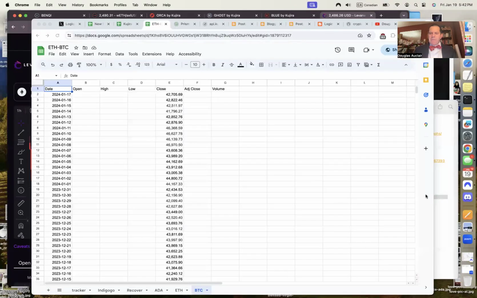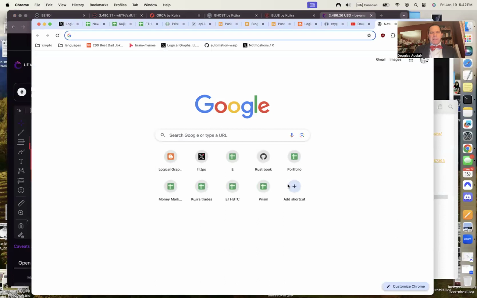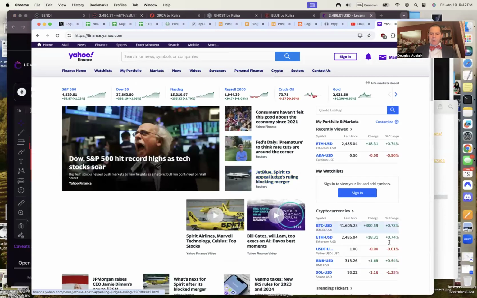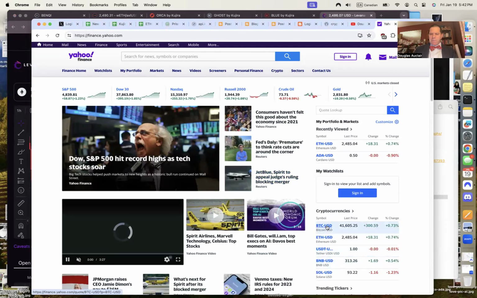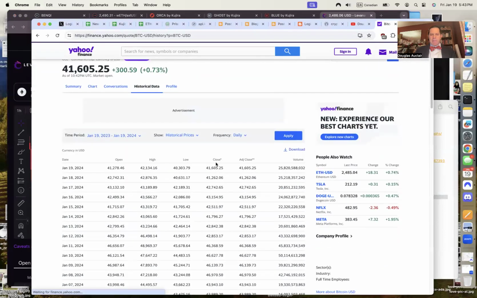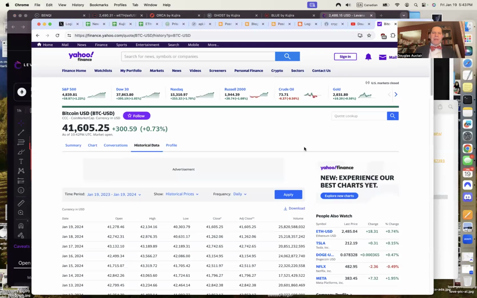If it's over a couple of days that I'm recording prices, I go to finance.yahoo.com and I go to the chart, Bitcoin or Ethereum, and I go to historical data, and then I scrape however many days back that I need to go. I put that into my own spreadsheet because Yahoo Finance records the open, the high, the low, the close, the adjusted close, and the volume, which is all great information over however long you want to look.